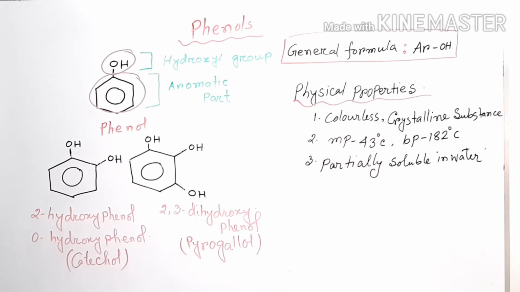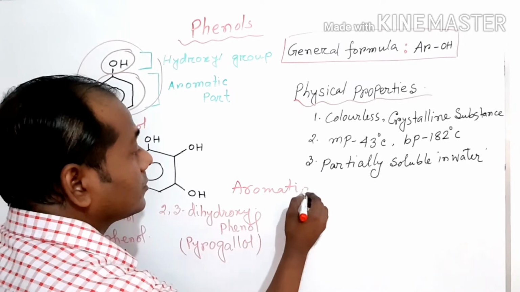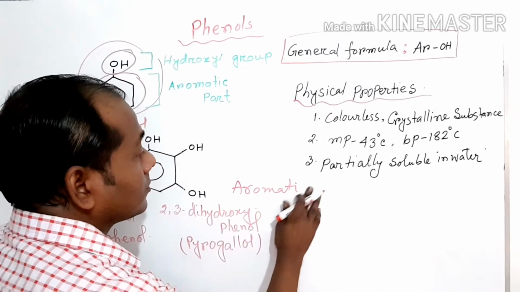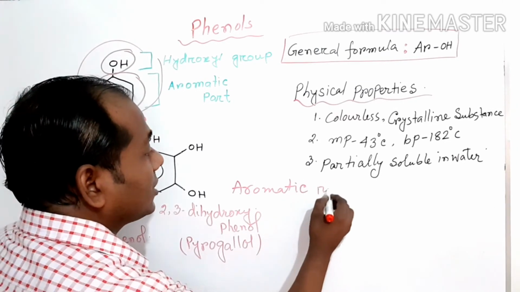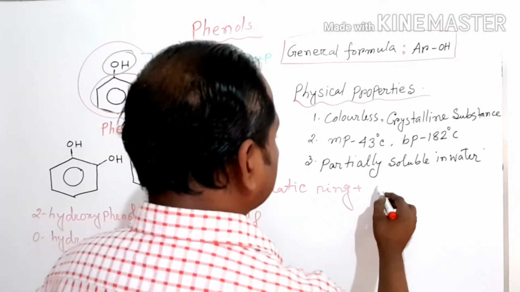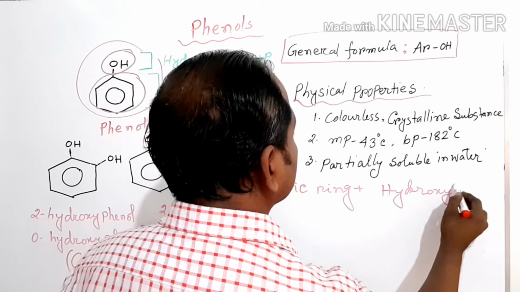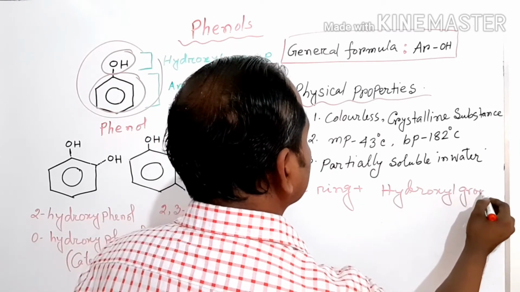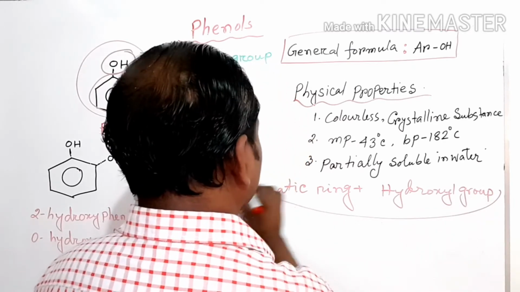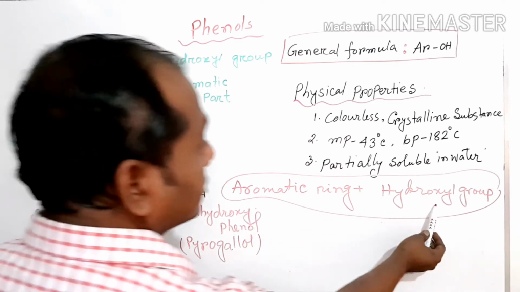So we can say, what is phenol? If aromatic ring is attached with hydroxyl group, then the compound is known as aromatic ring plus hydroxyl group.